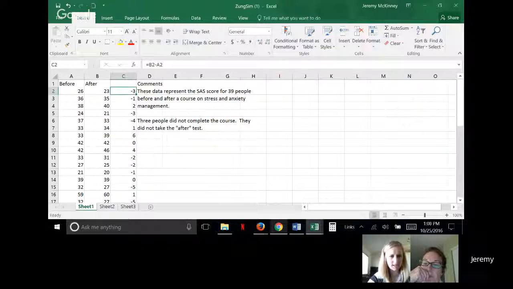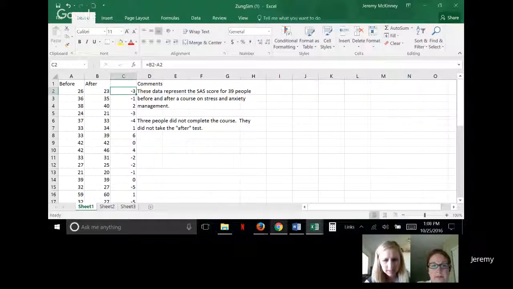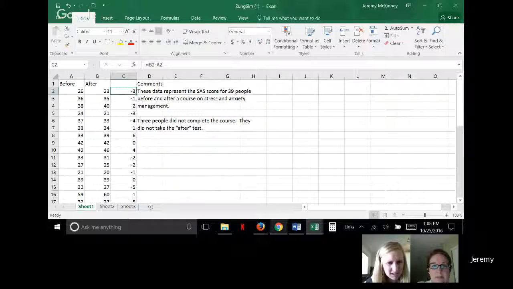Can you see on Jeremy's screen how there's a little box right there, a little square at the bottom of it? No, I don't see it. So when you click on -3 right here, see how on the bottom of my square there's a little green square? Oh, yeah. Double click on that.